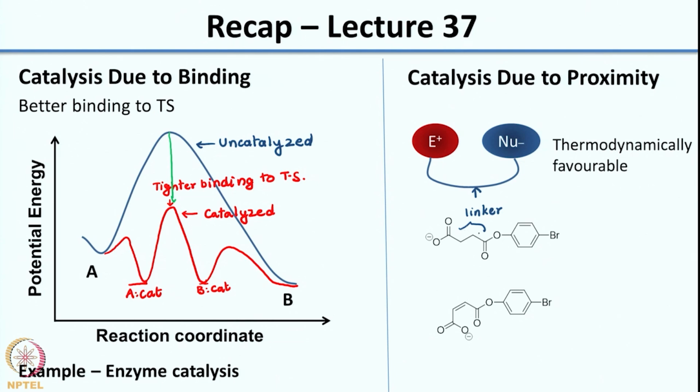So here you have a linker, and now if you change the linker such that the linker forces the two reactants to come closer to each other, you see a greater enhancement of rate. So essentially what that tells you is, you can play around with this proximity effect by designing suitable linkers which actually help you do the reaction.